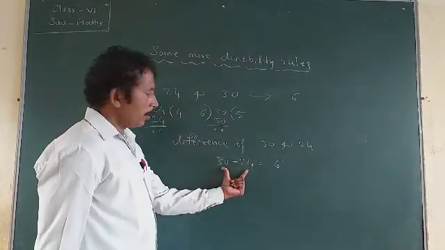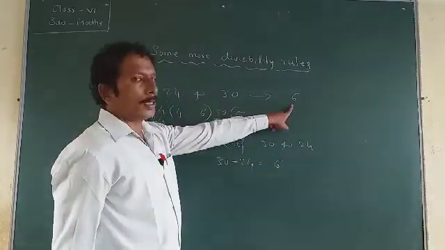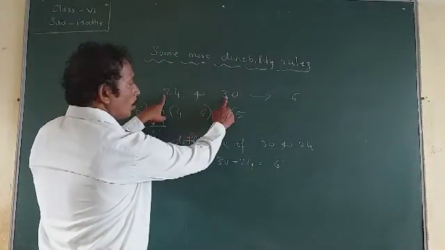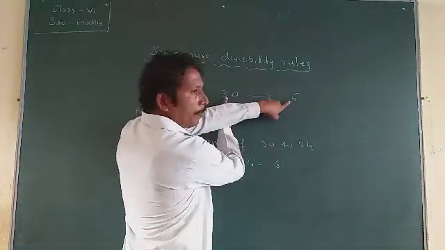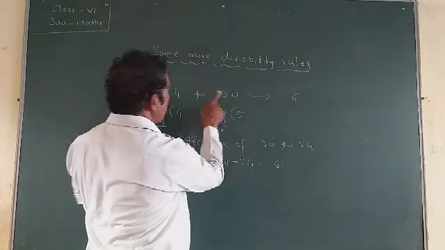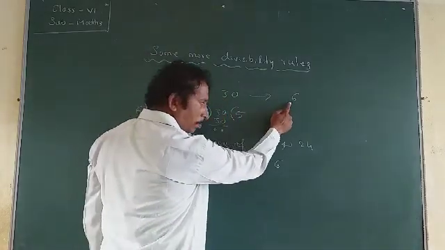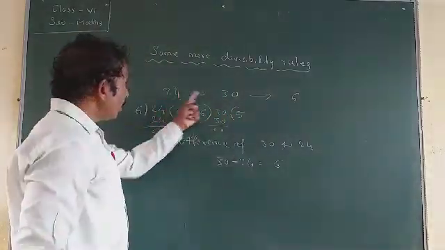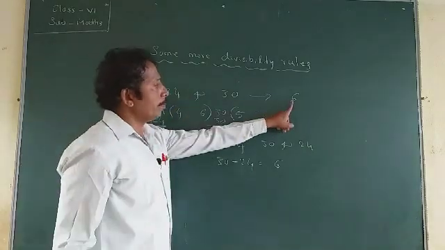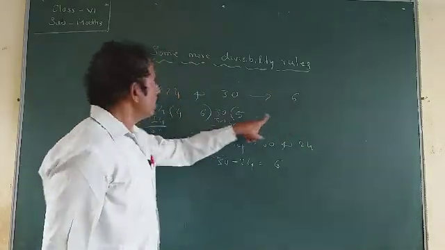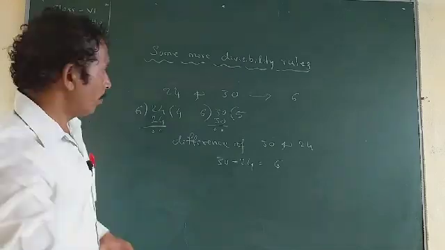Their difference is also divisible by the same number. If two numbers are divisible by any one number, then their difference is also divisible by the same number. This is one more divisibility rule.